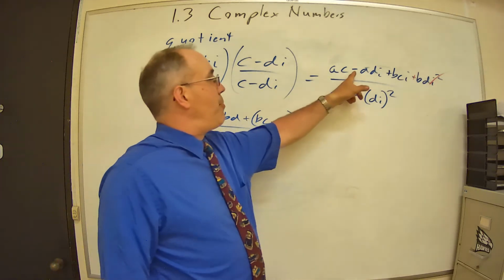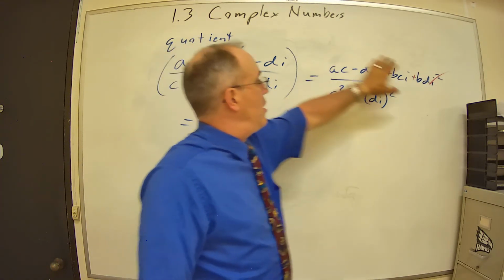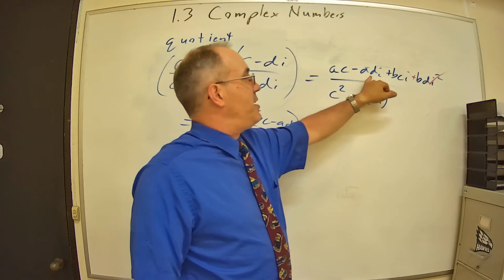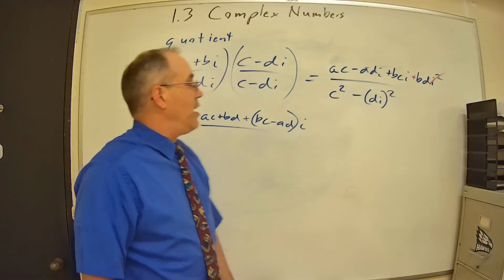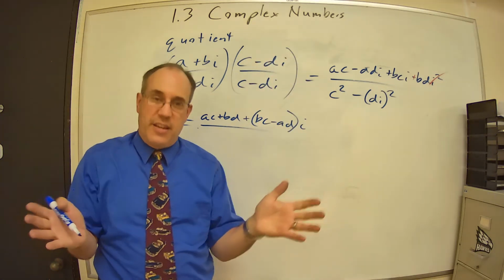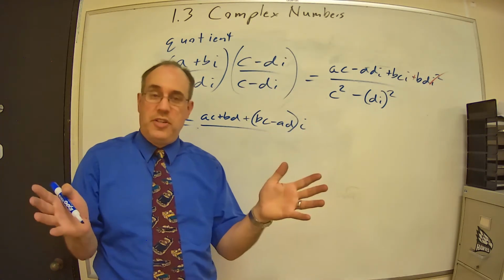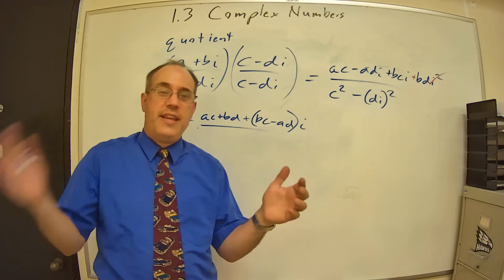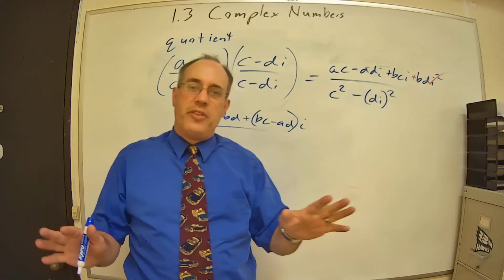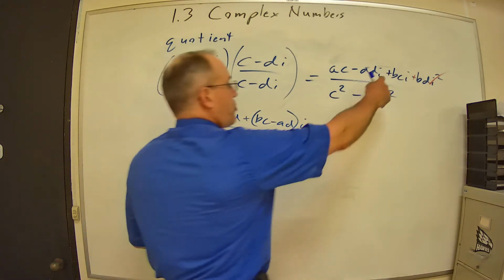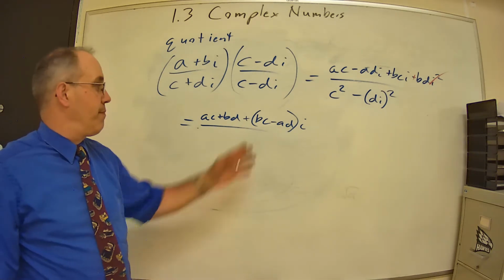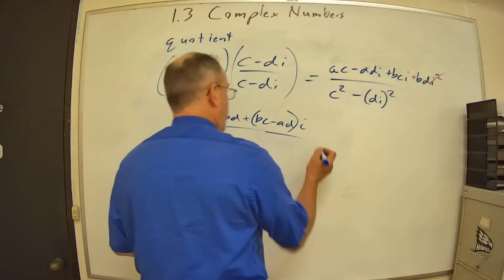But see what was going to happen if I just take this part here and try to pull out this negative ad and this plus bc, I would have to say plus, and then in parentheses, negative ad plus bc. If I pull the negative out, then yes, I make that positive, but it makes that negative. So rather than dealing with that, I just said, well, okay, this one's plus, that one's minus. Just put the positive one first. So I've got that in my numerator.